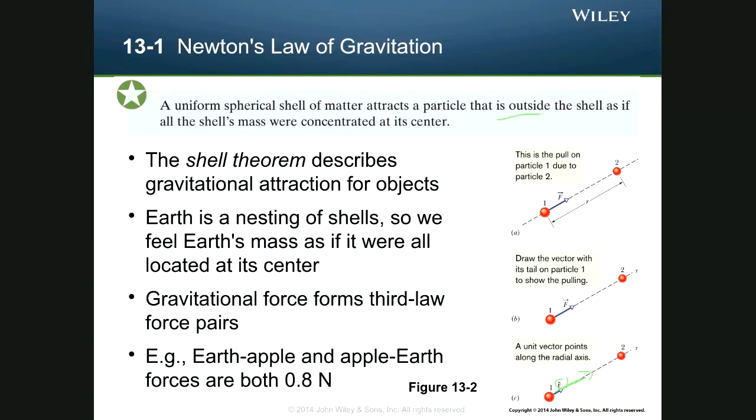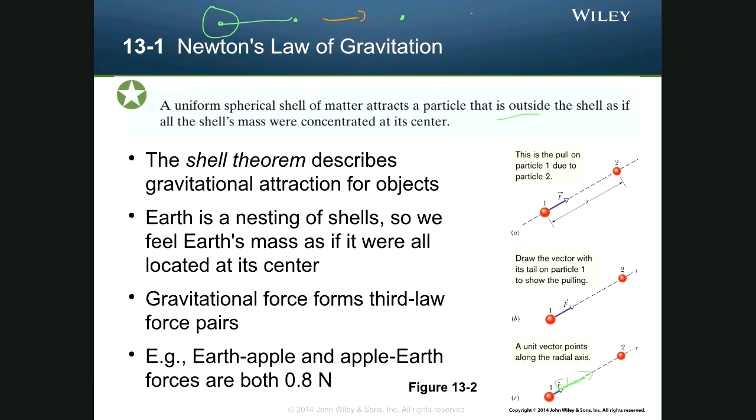I want you to imagine a spherical shell, all right? So it's not full, it's just a shell, and this mass outside it. So that's M1 and M2. Basically, you can treat this as an equivalent problem: shrink all of that shell to its center at a point, like so.